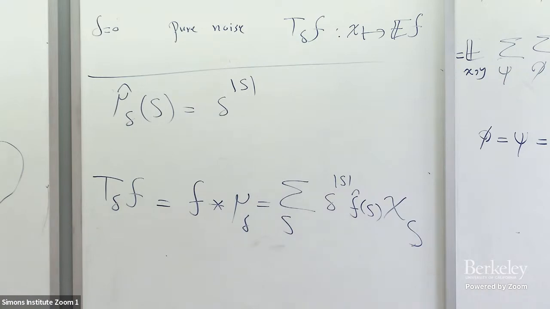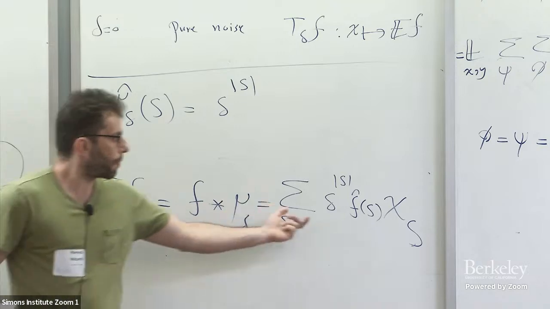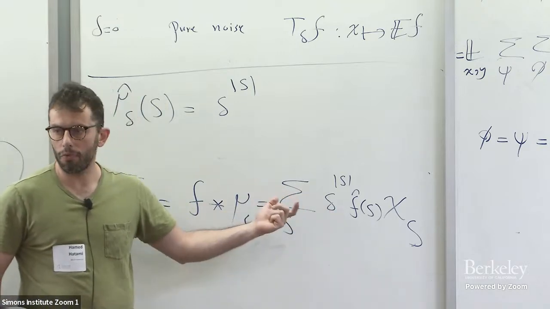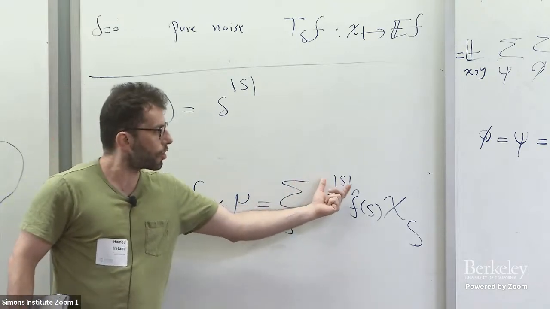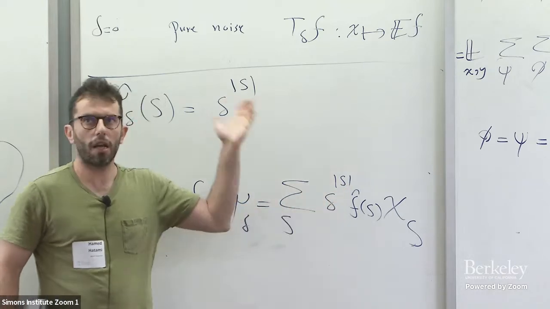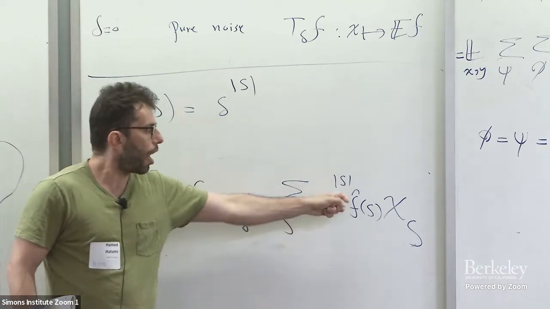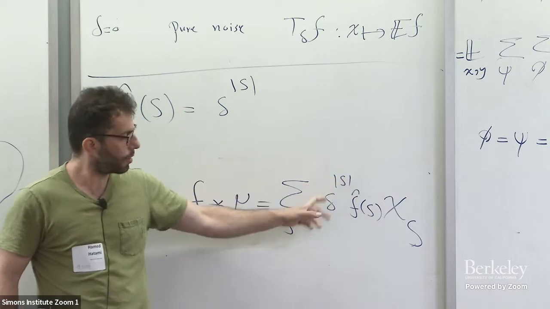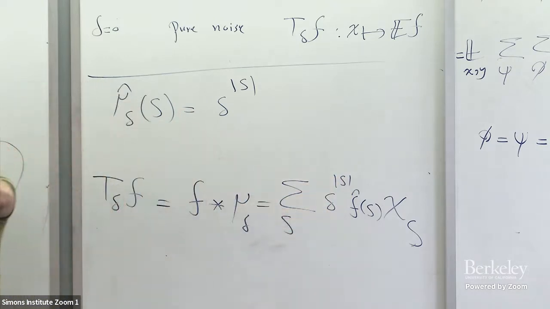So what happened here is when you add this noise, it dampens the higher frequencies. Let's say delta is 1/3 or something. The higher values of s get a smaller coefficient. So it starts to kill higher frequencies and just keep the lower ones, right?